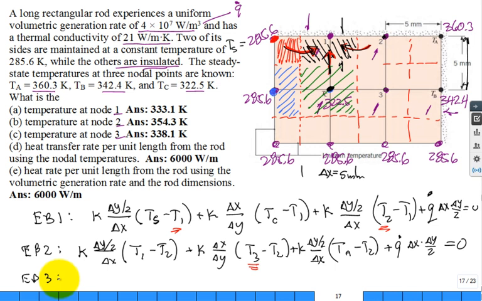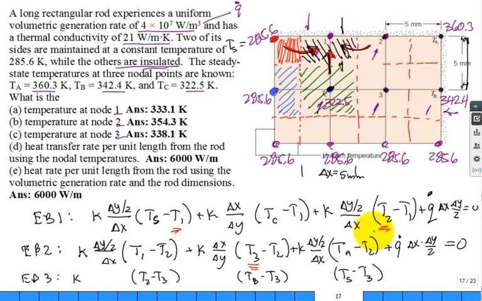Okay, now this will be a K. Let me just draw it like this, my temperatures. For node 3 right here, I can come from 2 to 3. I can come from B to 3. That's a B. I could come from the side into 3, or the surface or edge or whatever you want to call it.